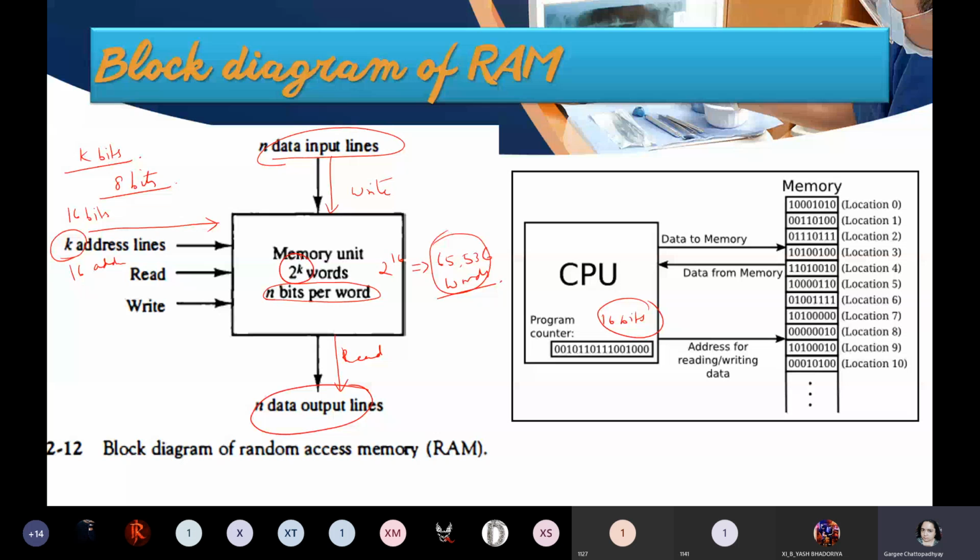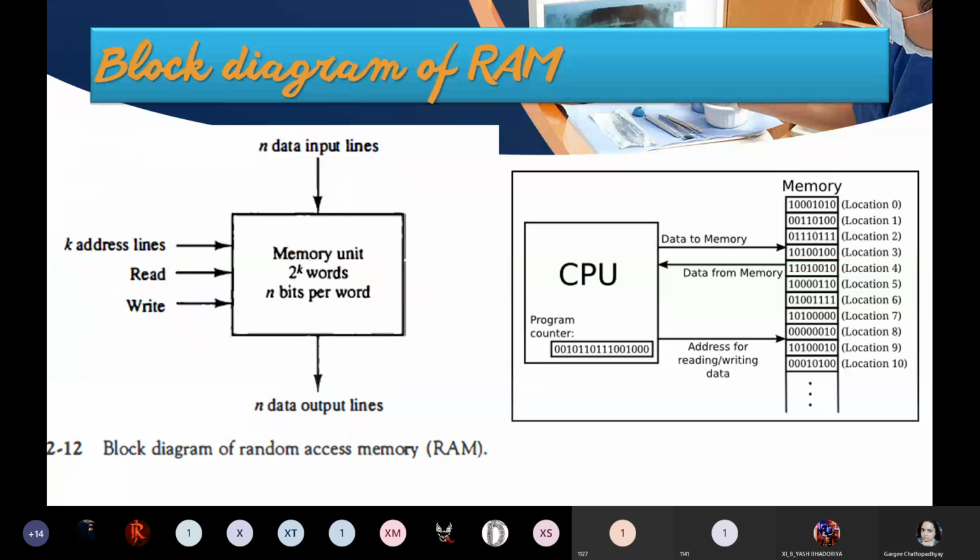And if something is to be written, then also the address has to be specified, that is, where in memory the data has to be stored. And then control lines, that is read or write, which operation is being performed. If it's a read operation, that means some output has to come out. If it is a write operation, that means something has to be saved in the memory.